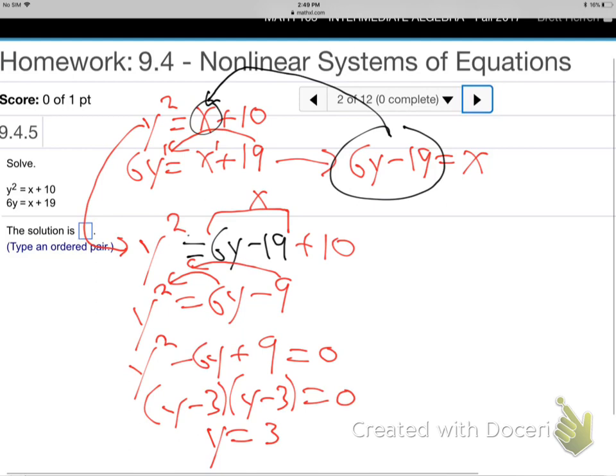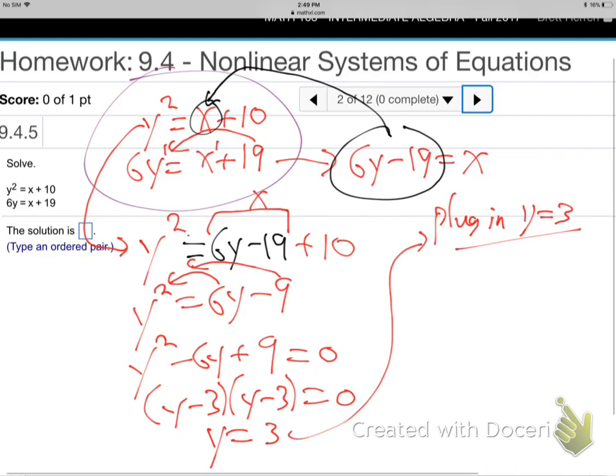What do we do now with that one answer? Plug it in. And where do we plug it in? Well, somewhere in one of these first two, but always the easier one. Guess where the easiest place to go is? I have y, so which letter am I wanting?